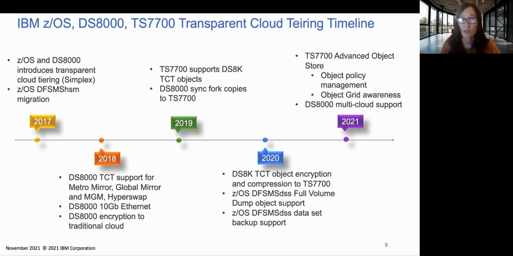So that's the original release of this feature. And with this feature, DS8000 is in charge of forking copies to two 7700s. In 2020, DS8000 introduced the object encryption and compression algorithm to the 7700.